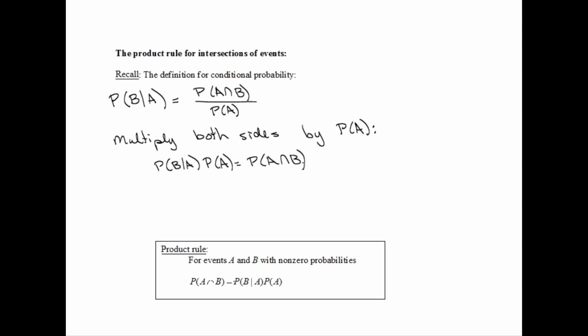This is known as the product rule for conditional probabilities: the probability of A intersect B is equal to the probability of B given A multiplied by the probability of the given, the probability of A.